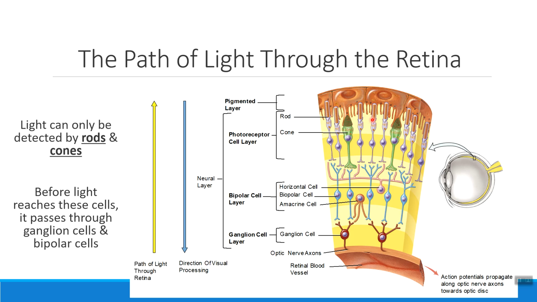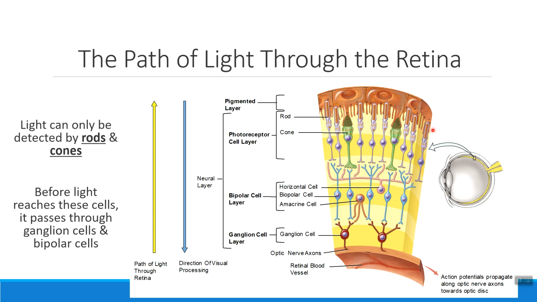Rods and cones are the only cells in the retina that can actually perceive light. My other cells, like my bipolar cells or my ganglion cells, they can't perceive the light waves that pass them. So light starts on the outer part of the retina and has to travel all the way through the retina to get to the rods and the cones.